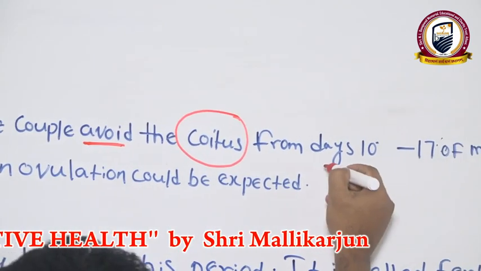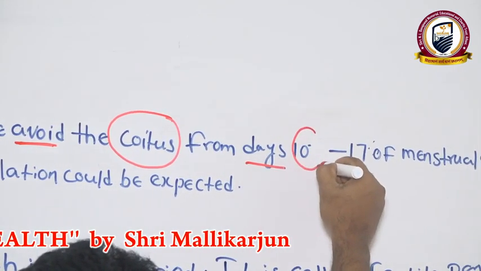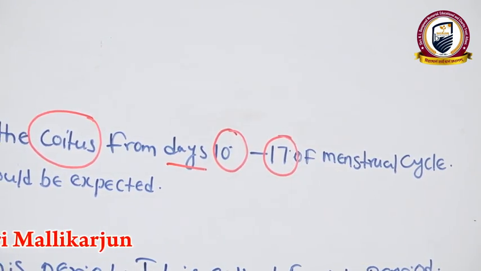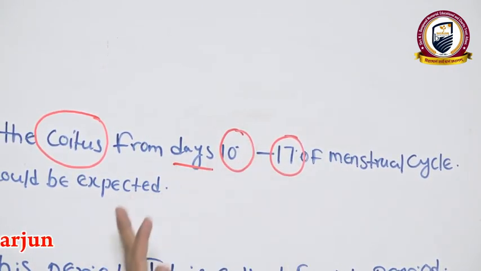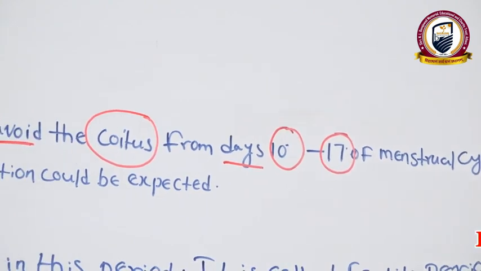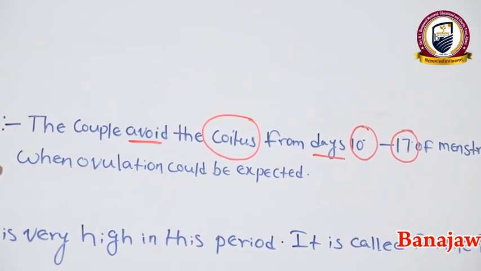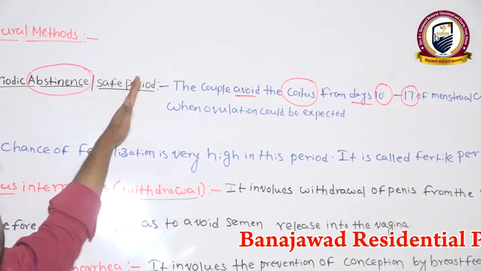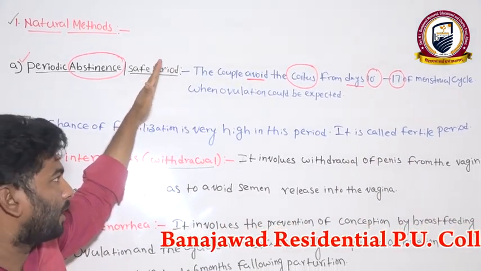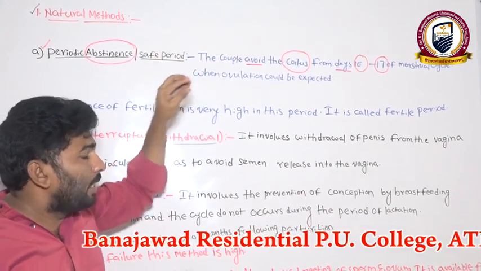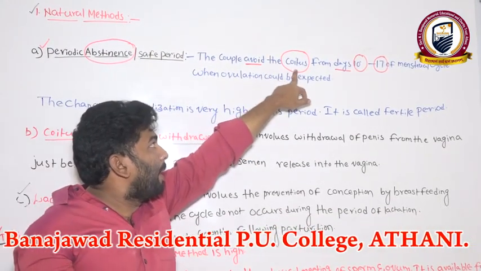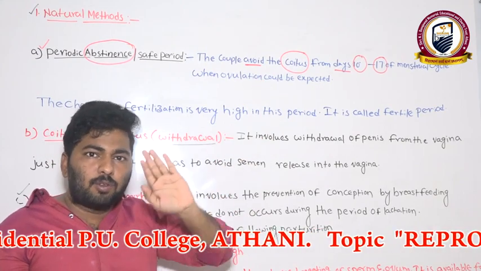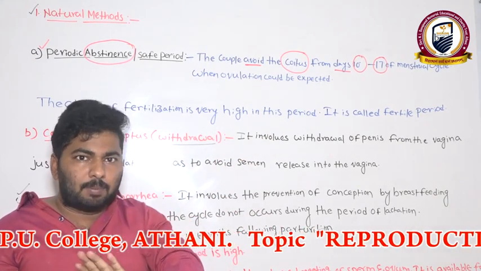The couples avoid coitus from days 10 to 17 of the menstrual cycle. We know very well about the menstrual cycle, or monthly cycle. It takes 28 days per month, and mainly on the 14th day of the menstrual cycle ovulation takes place.